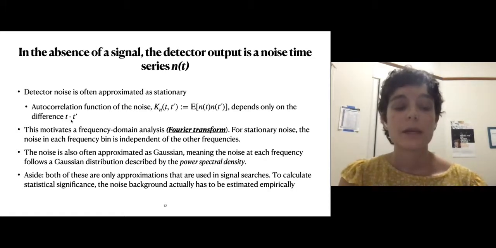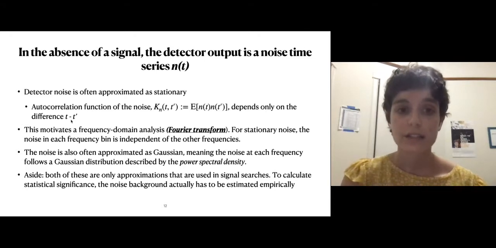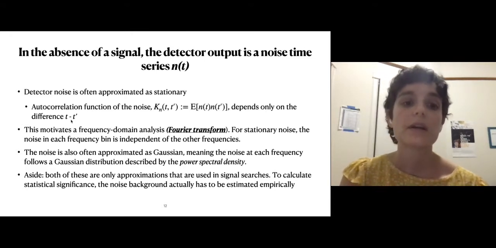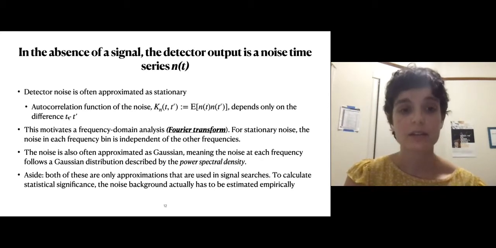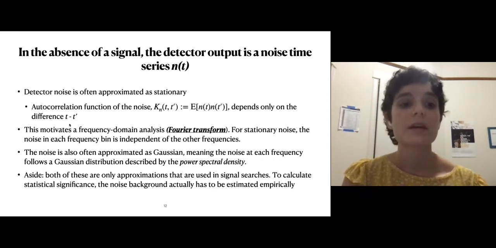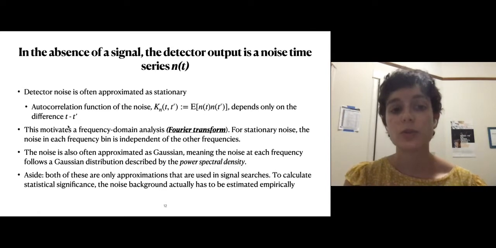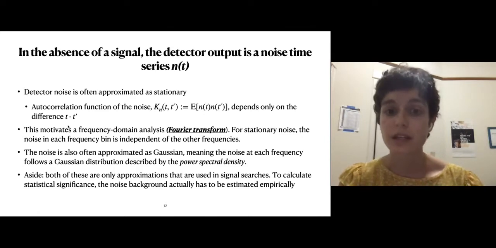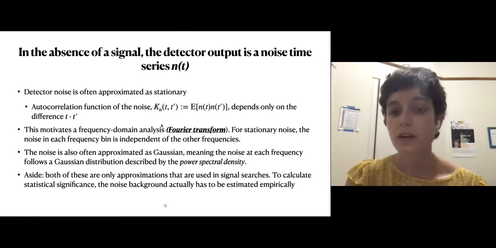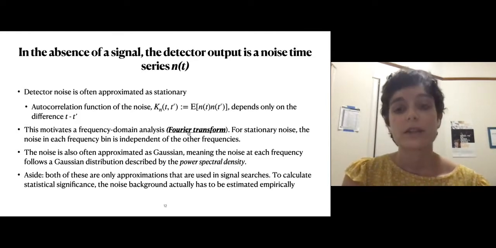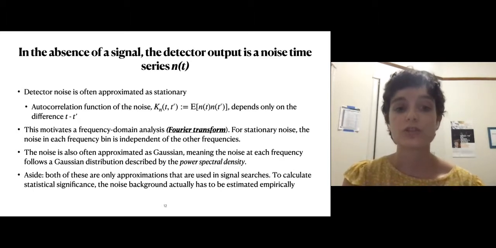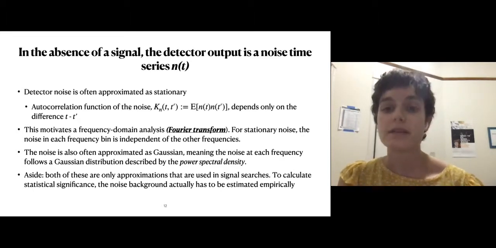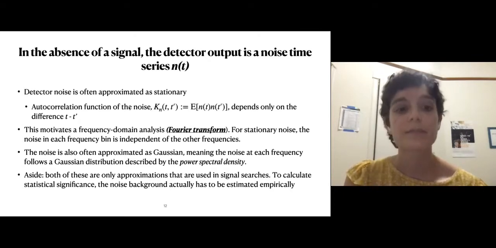And because the detector noise is stationary, only depends on the difference between two times, this motivates us to do the analysis in the frequency domain. So we take a lot of Fourier transforms. For stationary noise, this property means that the noise in each frequency bin is independent of the other frequencies.